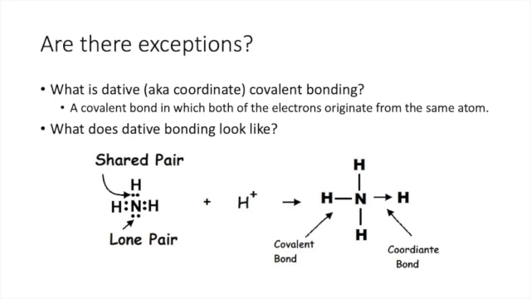And so on the right in our ammonium, we have the 3 hydrogen bonds that were in the ammonia molecule, plus this 1 coordinate bond that is both of the electrons from the lone pair and the hydrogen cation. And so, once again, the dative coordinate bonds are when both electrons originate from the same atom. And so we see that in the reaction of ammonia to ammonium.